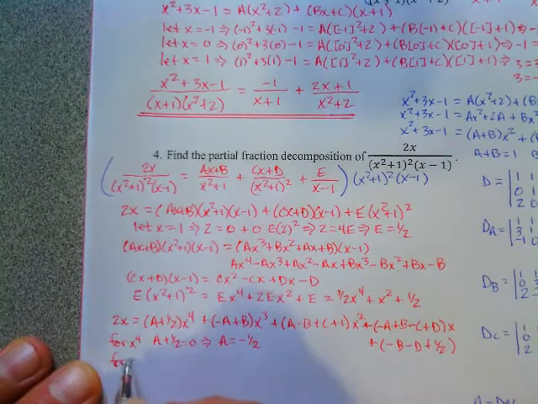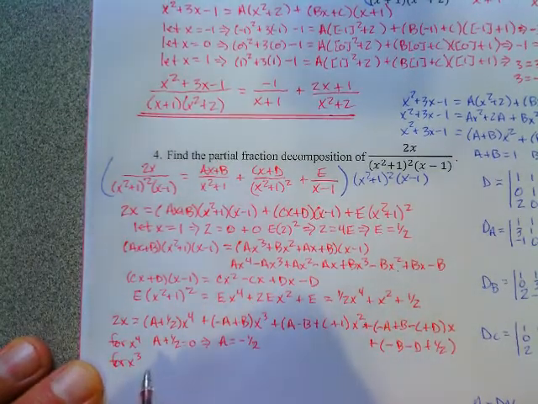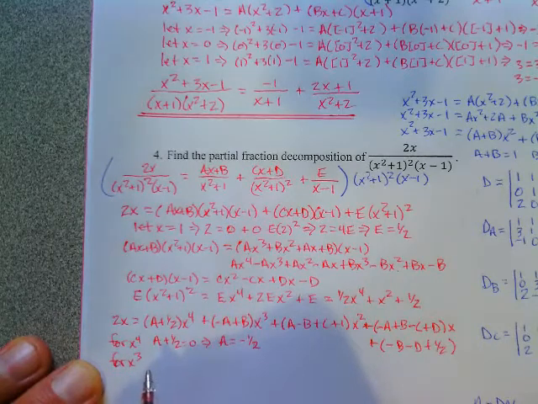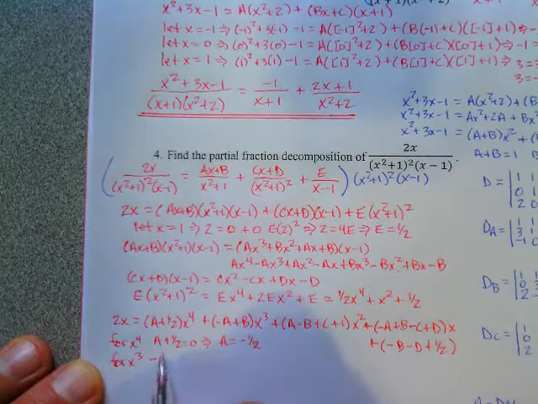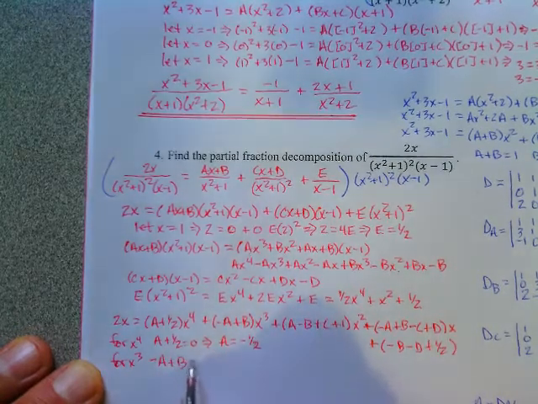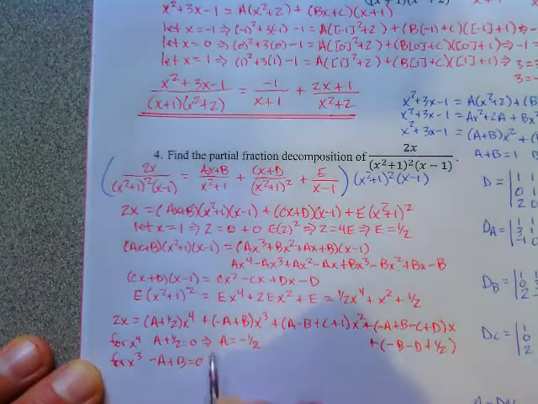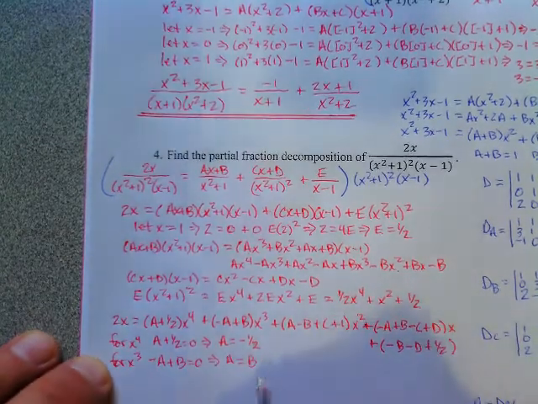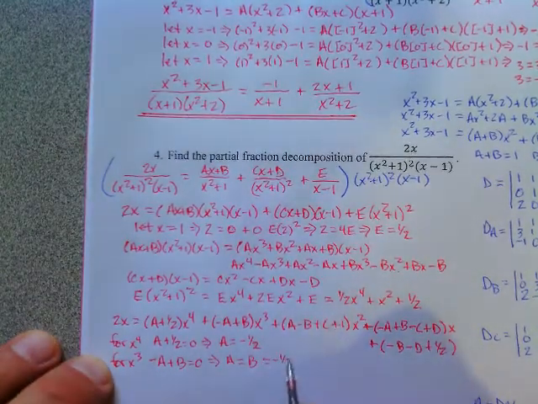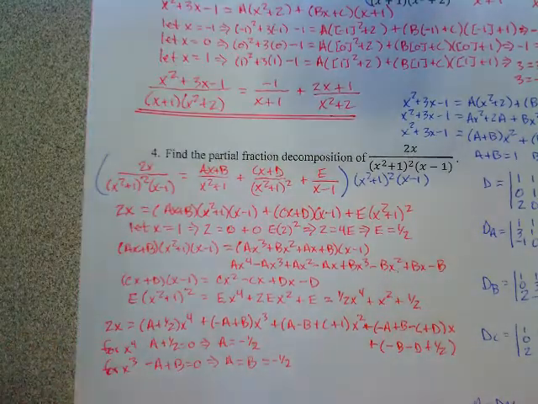So for x cubed, we're going to have negative a plus b equals 0, which means then, of course, that a equals b, which will equal the negative 1/2. So now I have my b.